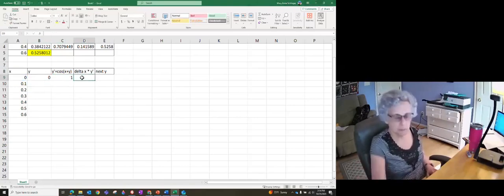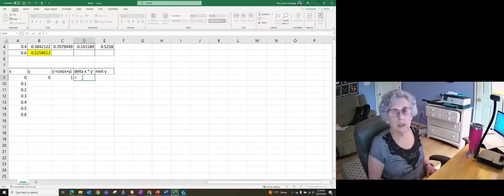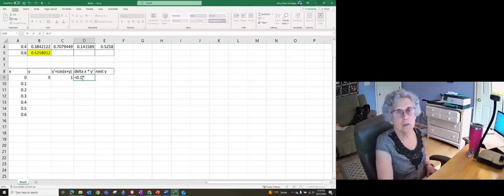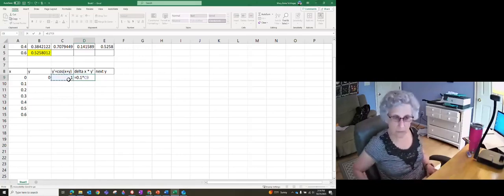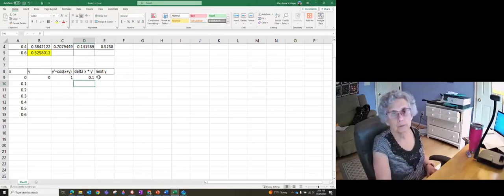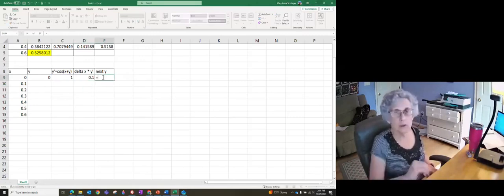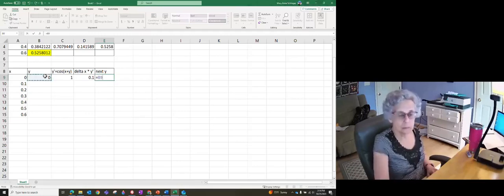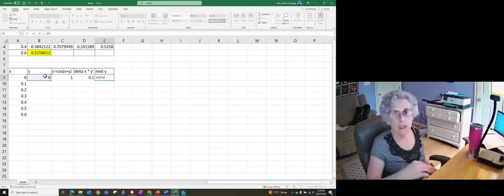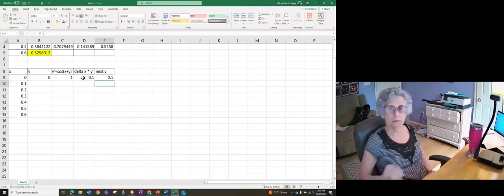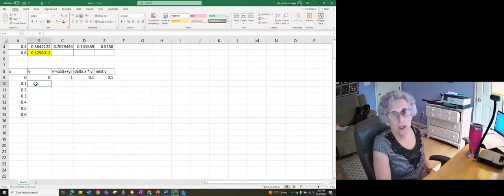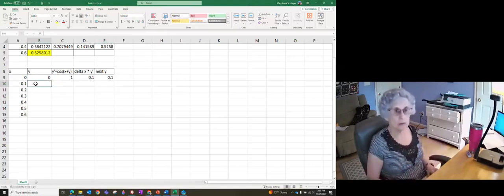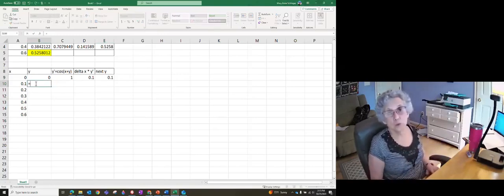Excel-like cell references. Equals delta x, 0.1 times my derivative, equals my old y plus delta x times y primed. Now, my old y, my new y becomes my next y.